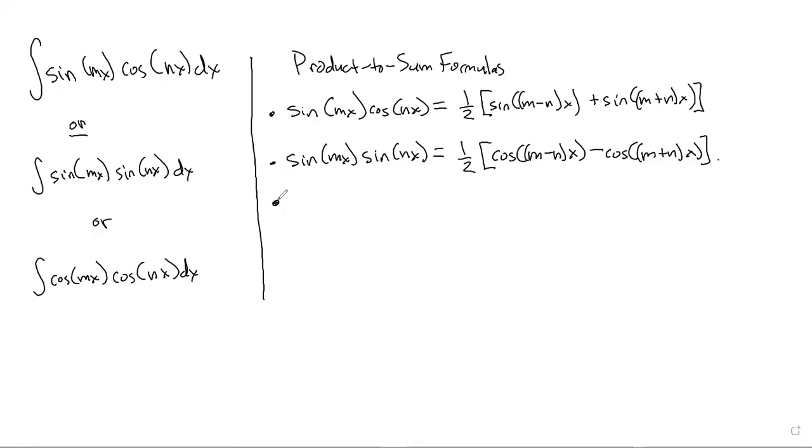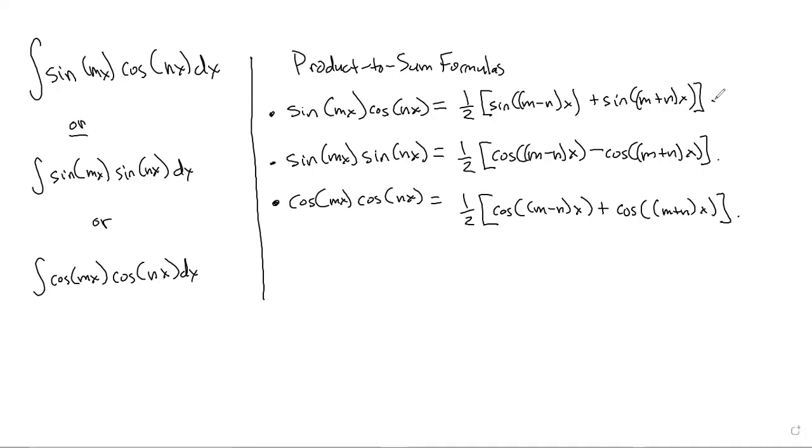And if you have cosine mx cosine nx, you can always rewrite this as 1/2 times the quantity cosine of m minus n x plus cosine of m plus n x. So rather than try to do an integration by parts, we're going to use these formulas and rewrite them as sums and be able to integrate these very, very easily.